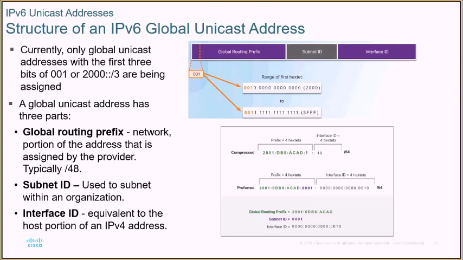But if you go to one of the network information centers and get addresses from them, they will actually give you a /48. And so that will be the global routing prefix, a unique number that is on your network.